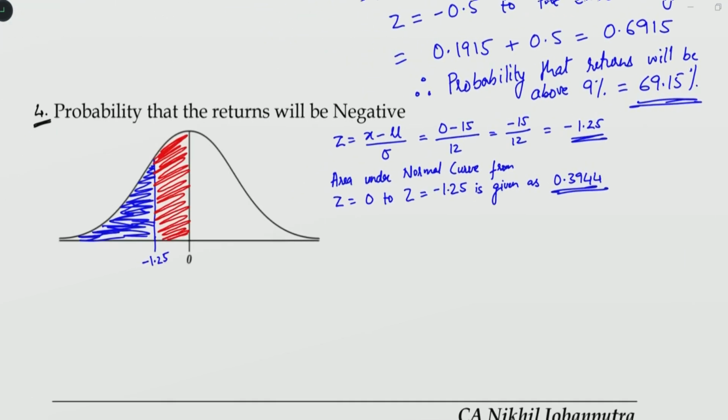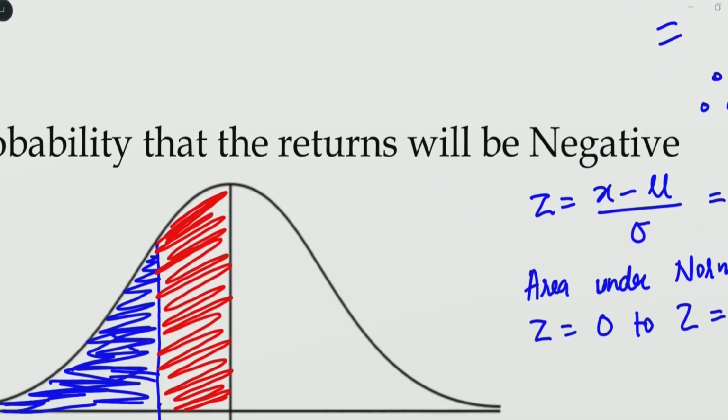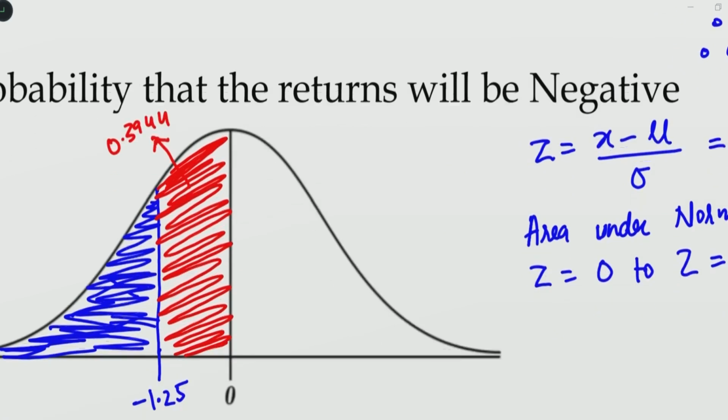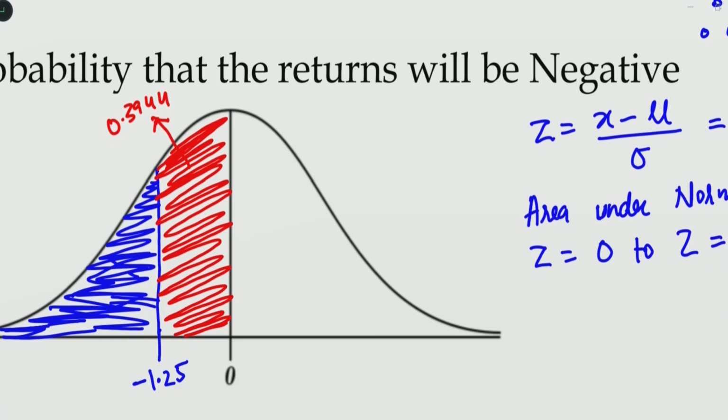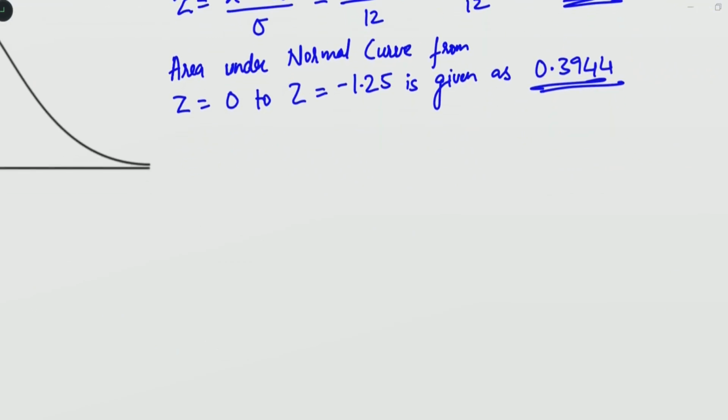Now, do you know it is this red color area which is 0.3944. It is a red color area, but we want blue color area. So we have to find the blue color area, which will be from z equal to negative 1.25 to the extreme left.